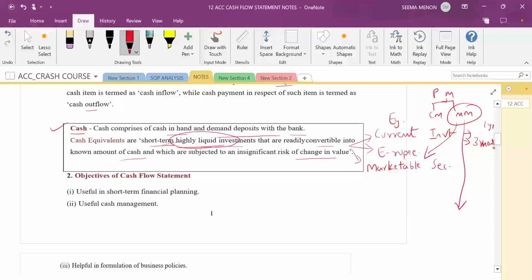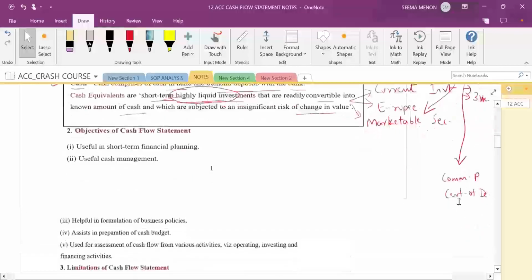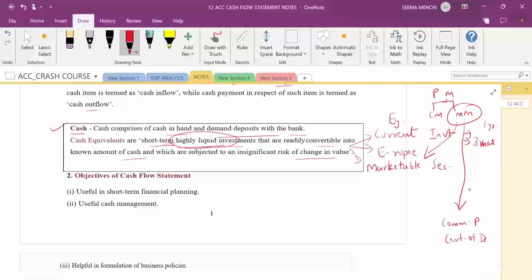If we discuss more about money market, there comes commercial paper, then certificate of deposit. This is a part of BST, so I'm just explaining for your knowledge only. Normally, how do we call the money market? We call it 4C plus 1T.